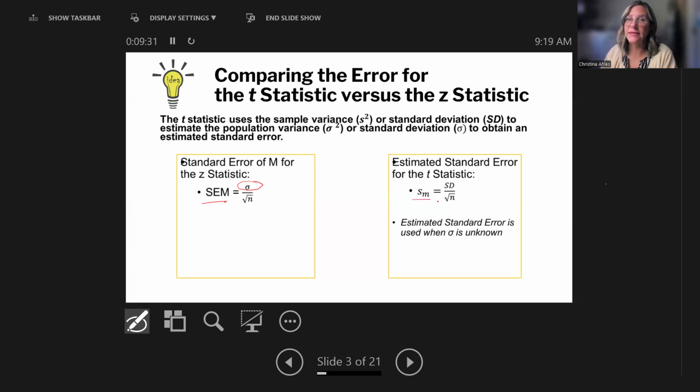It's lowercase s sub M, and now we are using the sample standard deviation in that numerator. That's the major change, and now it's called the estimated standard error. Our population variance or population standard deviation is unknown, so we use the sample standard deviation as an estimate of that.